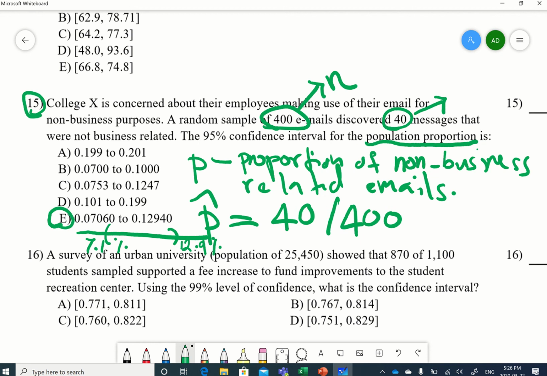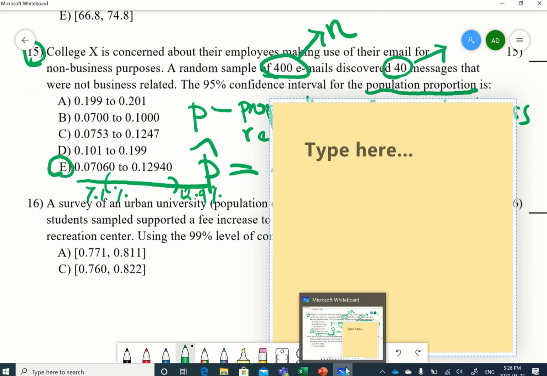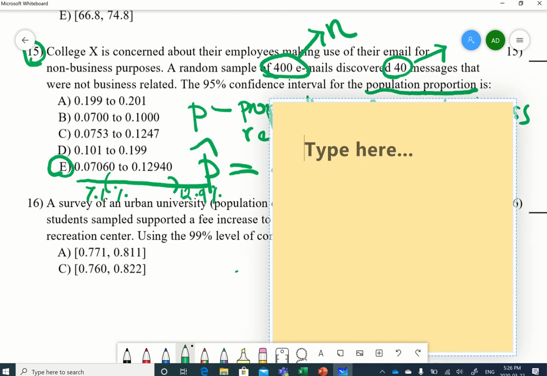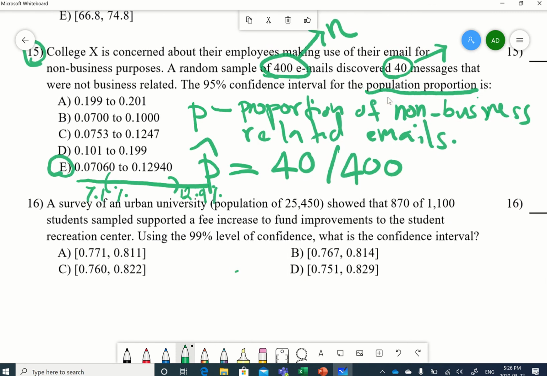That's what this means. So we are 95% confident that the actual proportion of non-business related emails for this company is between 7.1% and 12.9%.